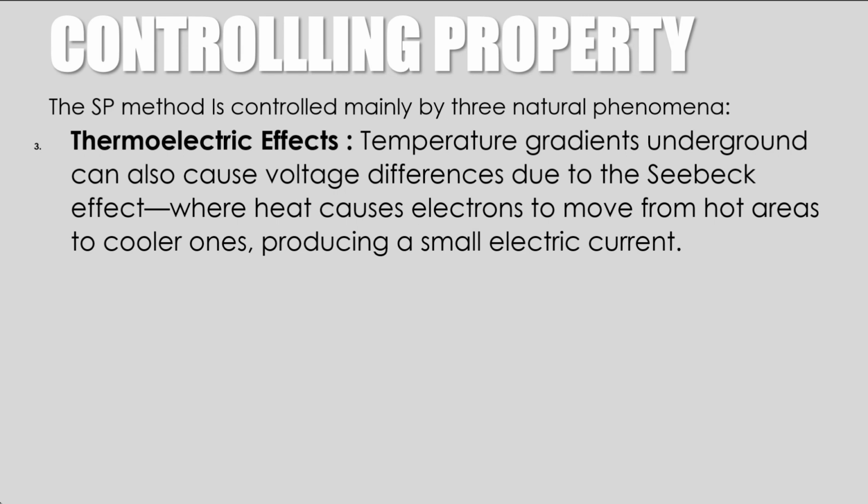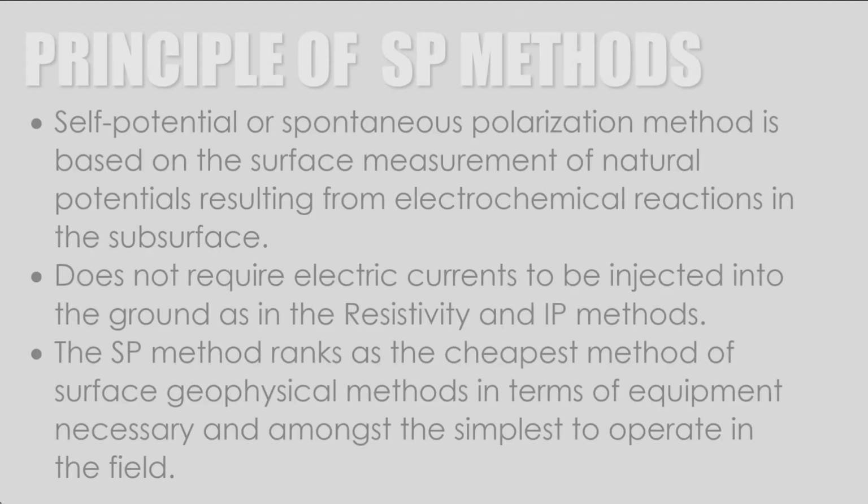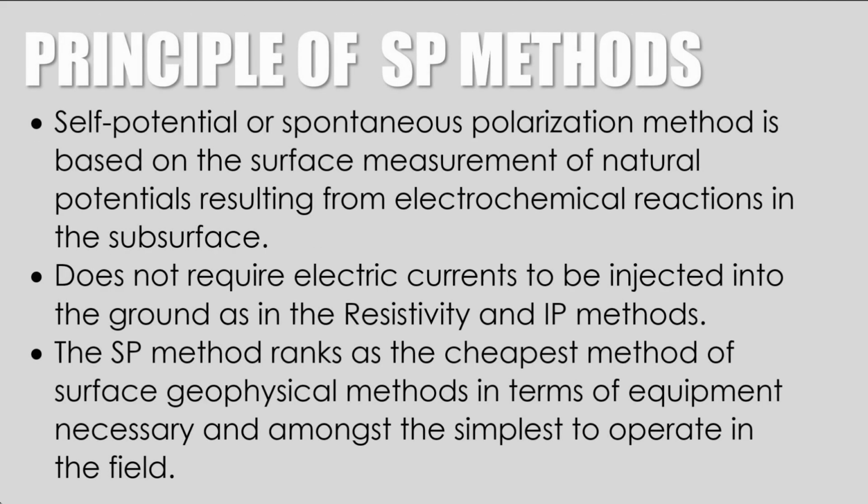These natural electric signals can reveal important underground features like water pathways, mineral deposits, and geothermal activity zones. Because the self-potential method is passive and non-invasive, it's a valuable tool in environmental studies, mineral exploration, and underground water research. Let's move on to the principles of SP methods.